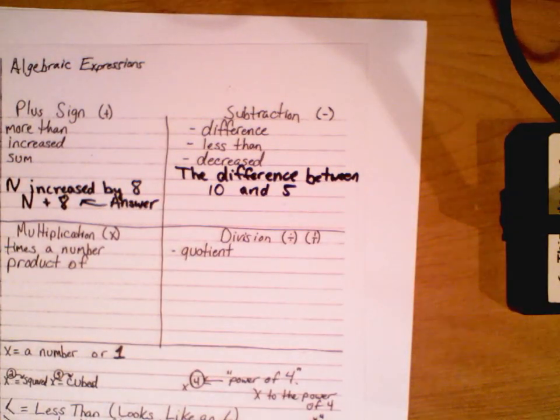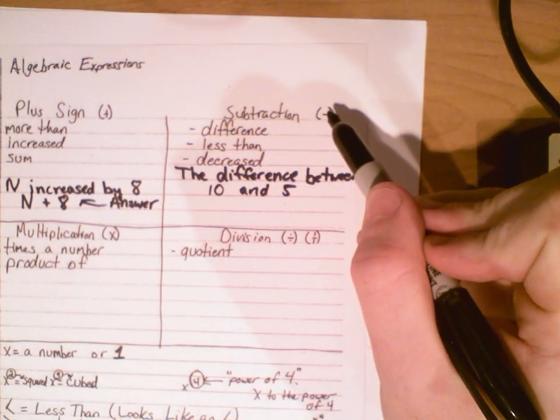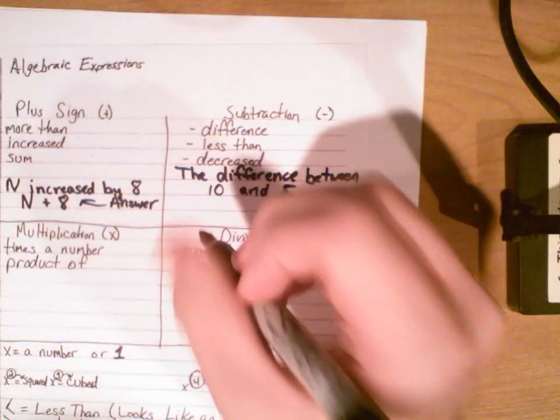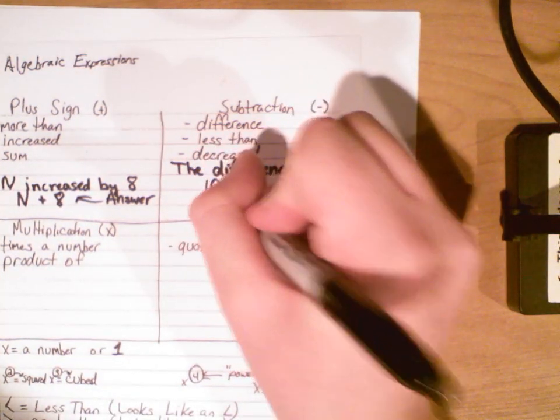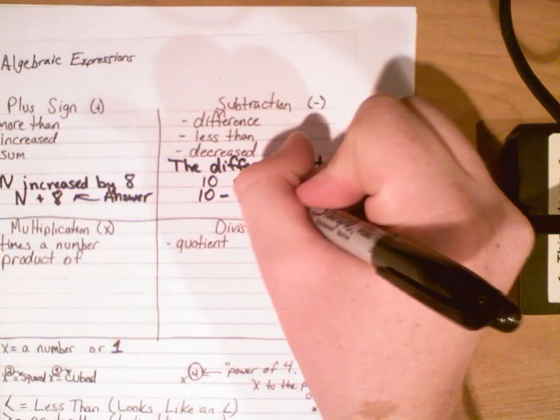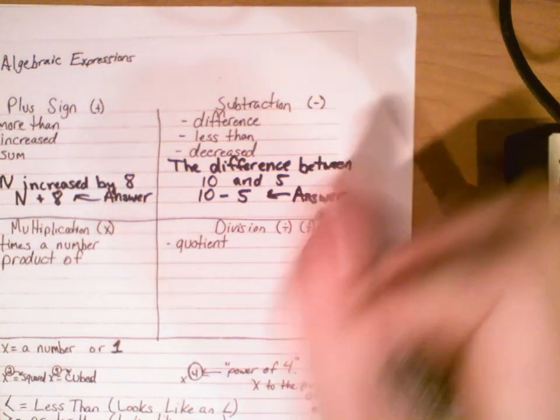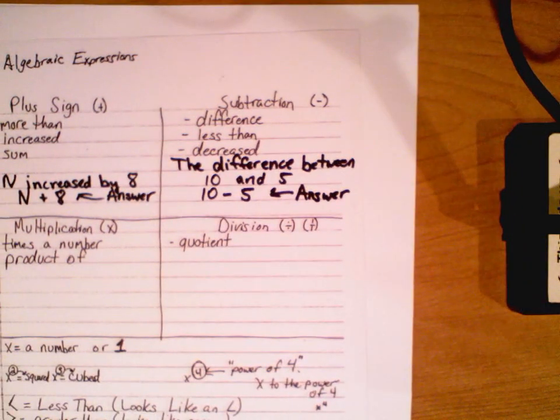One could only guess how I'm going to write this one. Don't overlook it, people. If it's the difference, I'm going to plug in a subtraction sign. So my answer would be 10 minus 5. That's the answer.